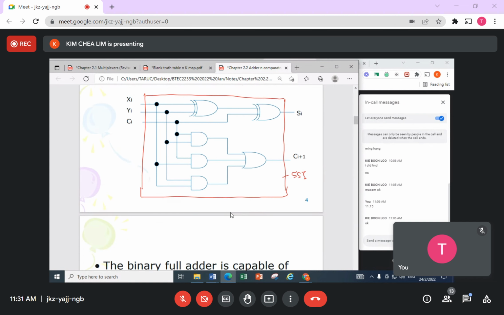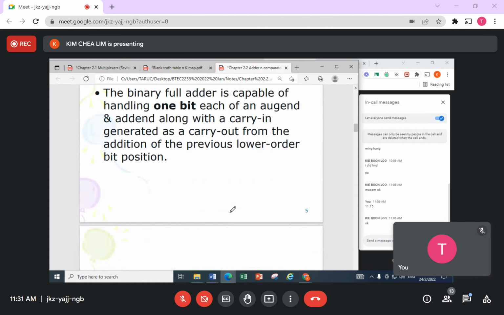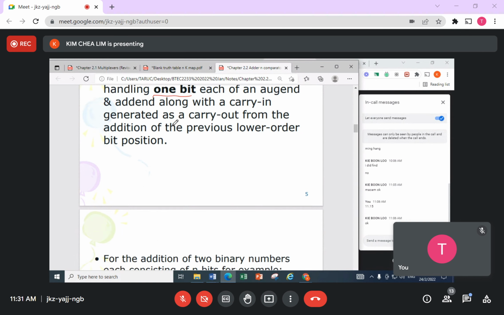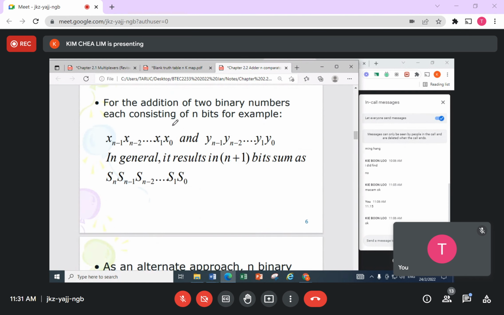Now this binary full adder can only add 1 bit at one time. So when you want to add more than 1 bit, you need to cascade them. Generally, the equation for adding binary numbers is given by this.